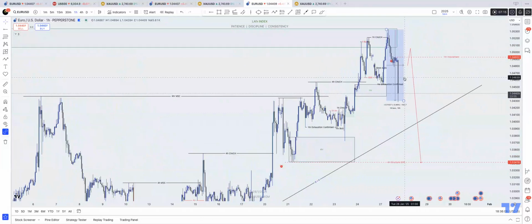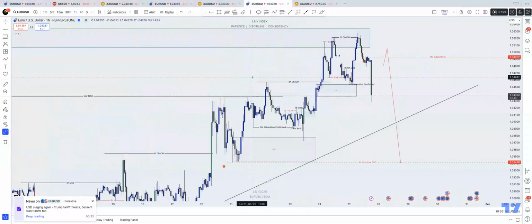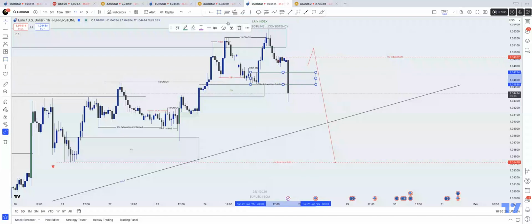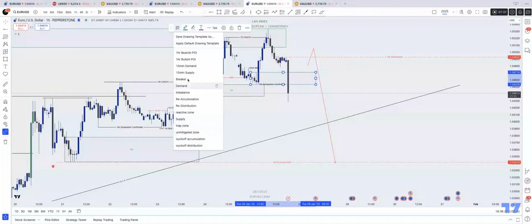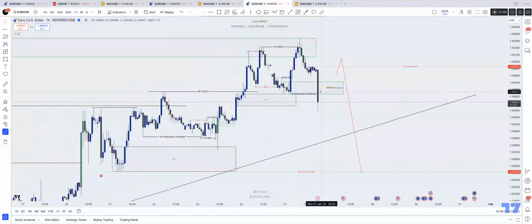Now, in these situations where we have price giving us some form of break and retest here, we could most likely react off this breaker block. That means we could also sell from here.